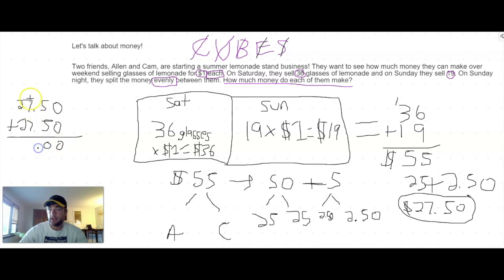So we put a 0 and carry the 1. 1 plus 7 is 8. And 8 plus 7, whew, that's a big one, is 15. Put a 5 there, carry the 1. 1 plus 2 is 3. 3 plus 2 is 5. So we know that we divided correctly. So it looks like our answer, $27.50 each, always want to label our answer, is right.